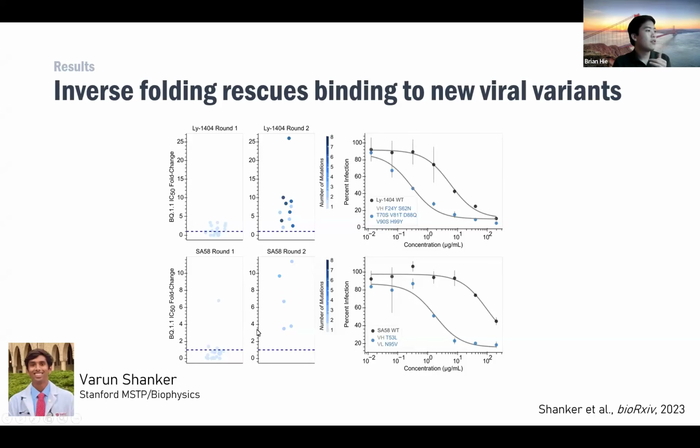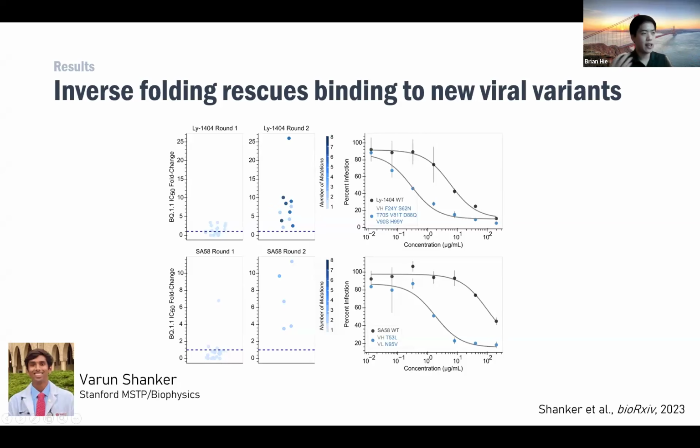So Varun is, again, scoring these different single amino acid substitutions to these antibodies in the first round of evolution, and then using the likelihoods assigned to the combinations of those mutations in the second round of evolution. And actually, for this antibody, this is LY-CoV1404, this is bebtelovimab.